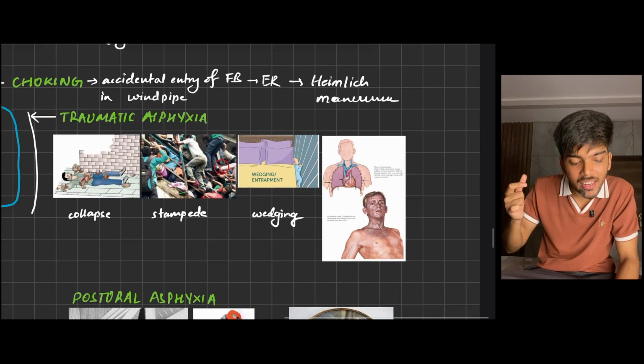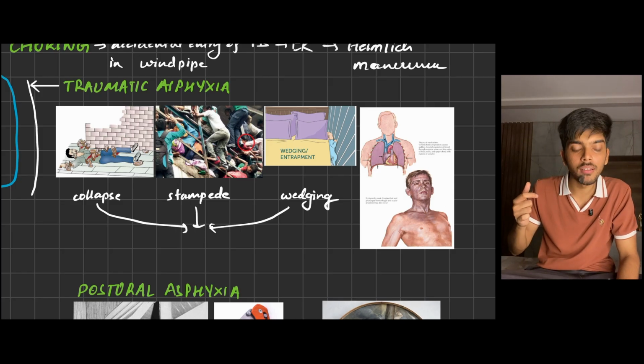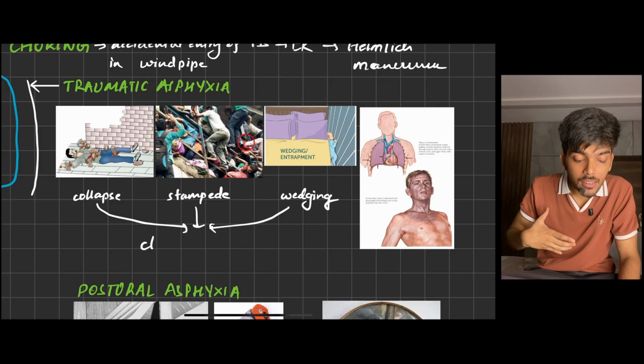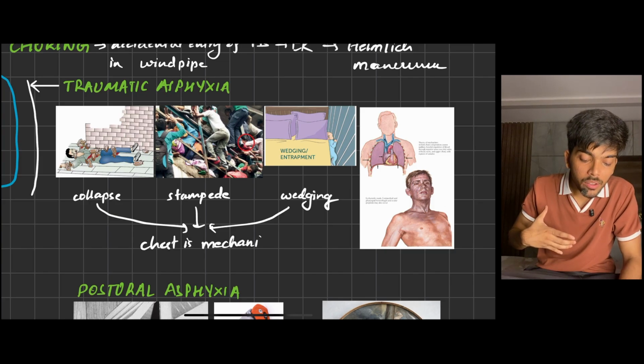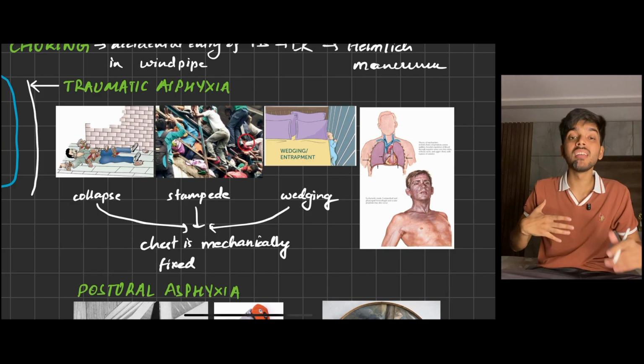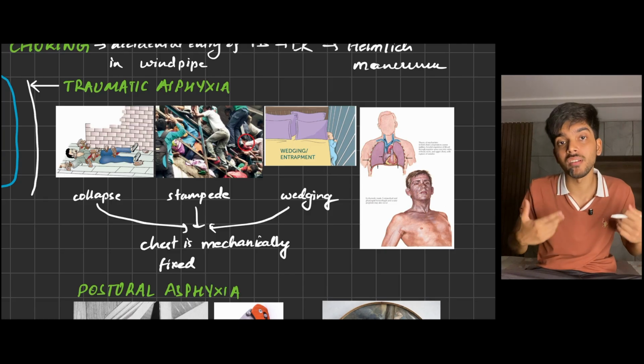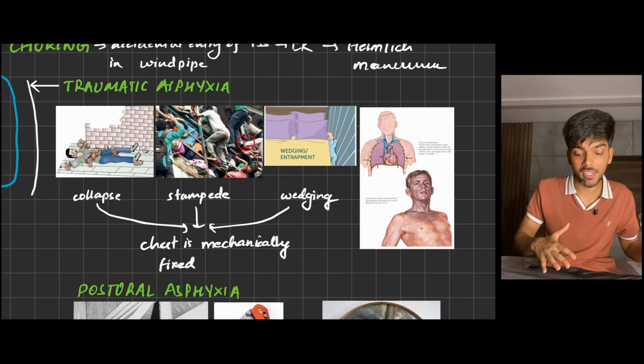In all these three cases, what is happening? Collapse, stampede, wedging. The chest is mechanically fixed. Since it is mechanically fixed, the chest does not expand, the lung does not expand, and inhalation does not take place, and the person dies of asphyxia.